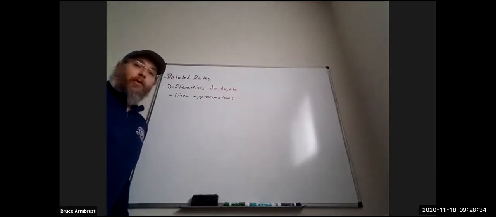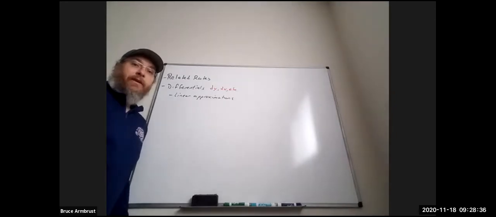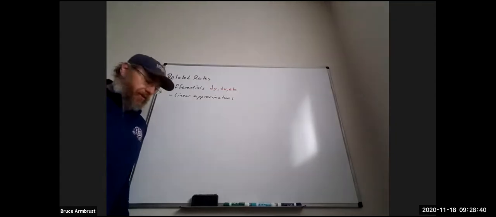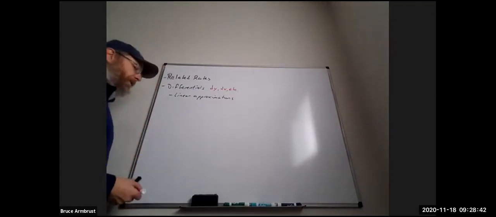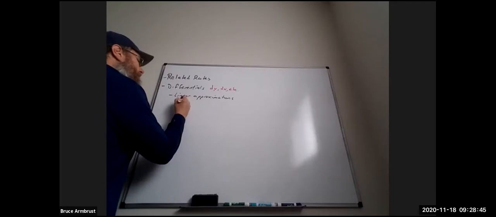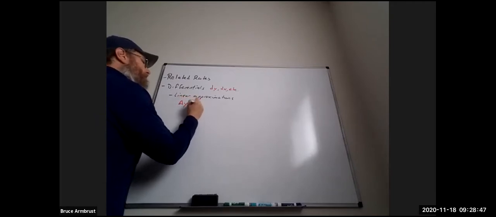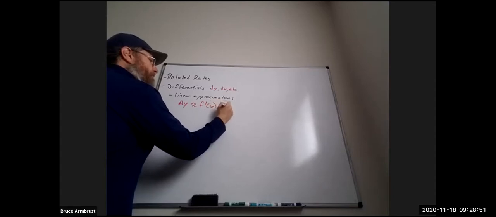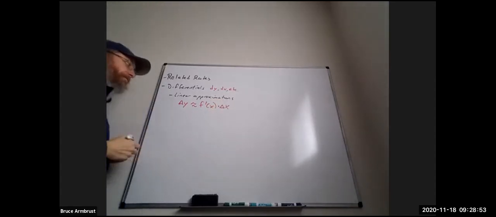So start with a point that you know that's close, and then use the line. And it's super easy because the formula is always the same: delta y is approximately equal to f prime of x times delta x.